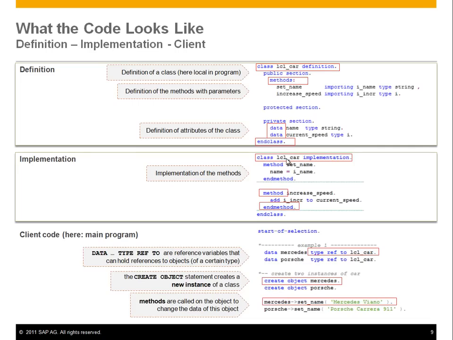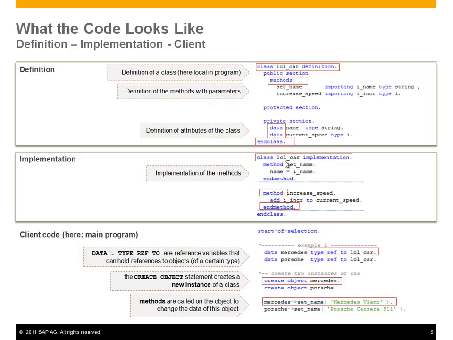How does this look in the code? You're all familiar with the normal code, so I'll just point out what is different. This is how you would write it in a local class definition. There's a class statement that defines a class, just like you would otherwise expect a function statement to define a function or a form statement. The class has a class name definition, then there's a public section which we'll come to later, and then methods introduces the section where you define methods.